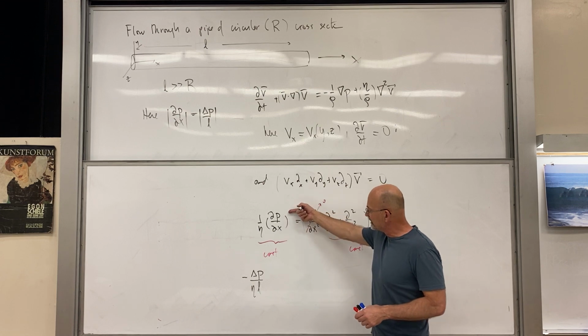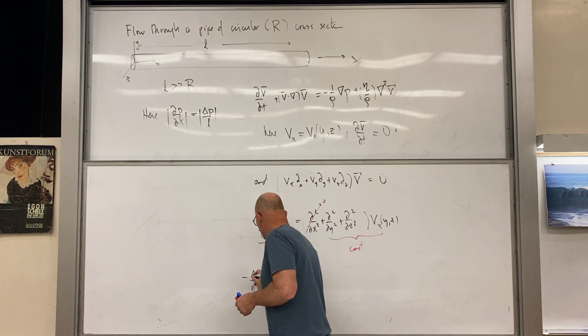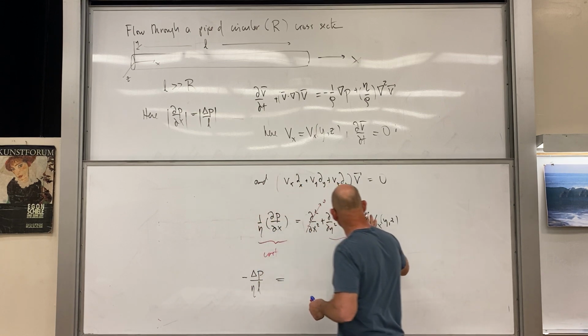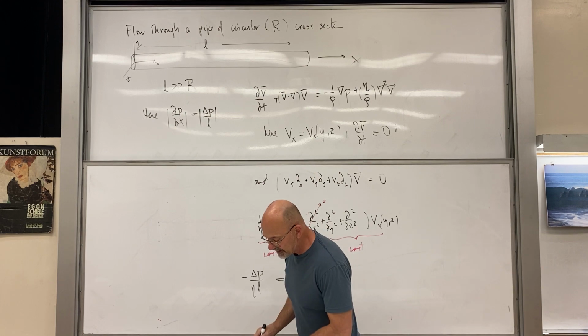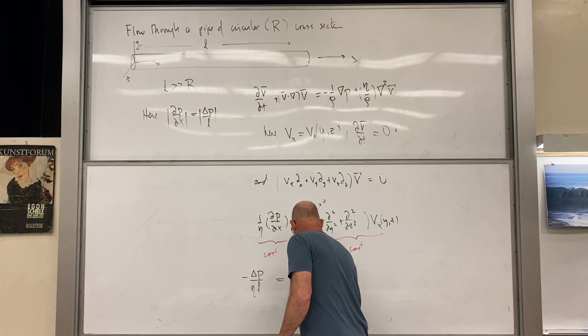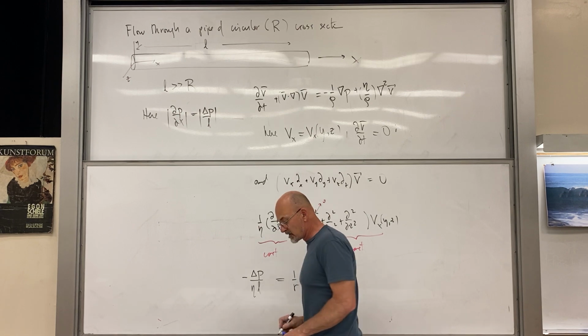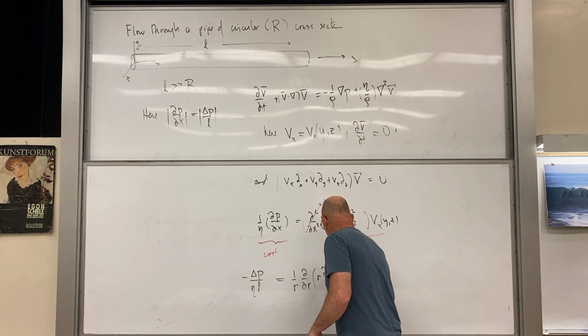Remember the difference in pressure over the ends divided by the length. So that's a constant. And on the right side, I'm just going to transform to plane polar coordinates, and I will have 1 over r, d over dr, r dvx dr.